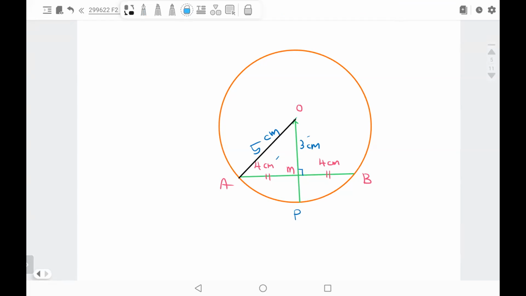How long is MP, the yellow line, M to P? What is the length of that yellow line?